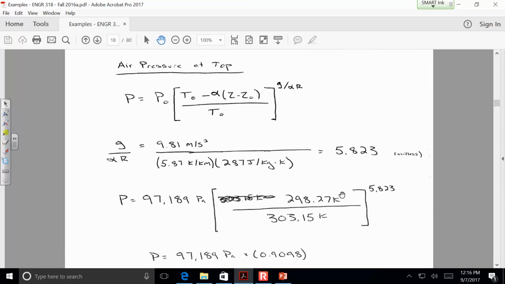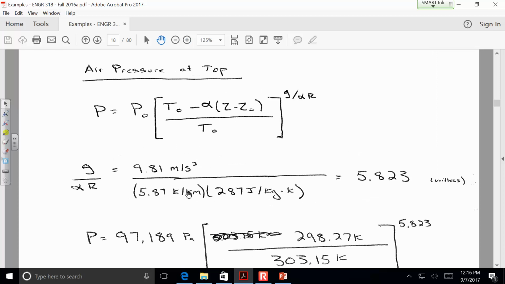But what I'm going to have to do is double check and get back to you on whether the units cancel out here or not, because as you'll notice, this is Kelvin per kilometer, but all the other units are in terms of meters. So give me a few minutes to double check on that, and I'll email you after class.